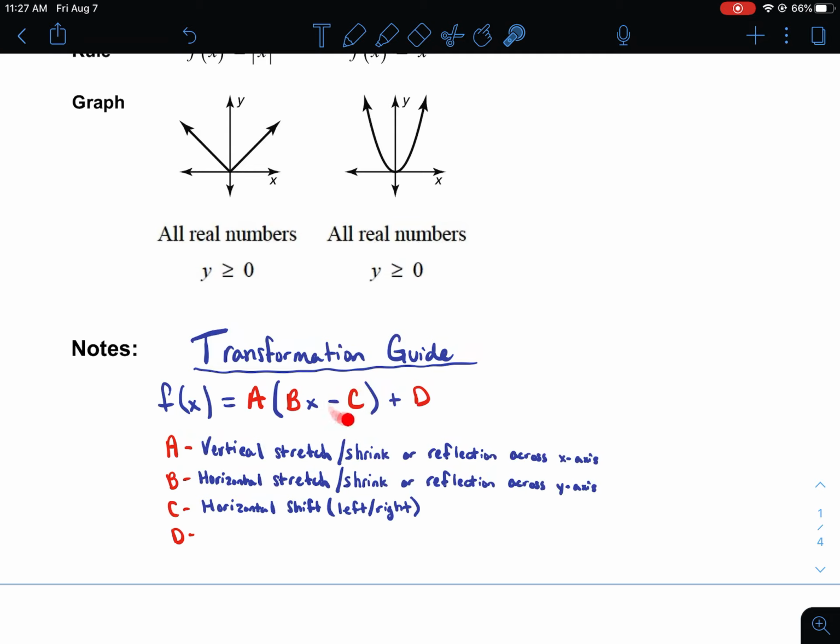I will tell you, there's a reason why this negative sign is in there. Somebody always asks, well, why is it minus in there? Well, because whenever you shift something in here, I put a number in for C, it's going to have the opposite effect. And I'll show you what I mean by this when we do an example. If I put in, for example, a positive 5 for C, this minus sign makes it a negative 5.